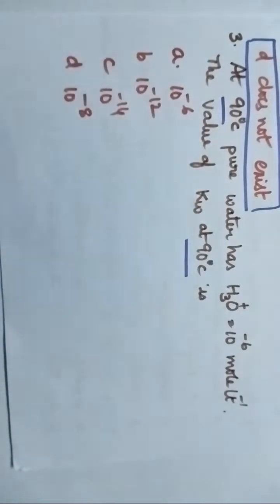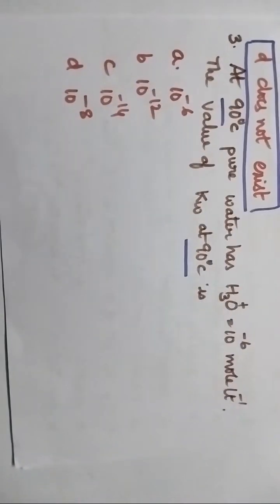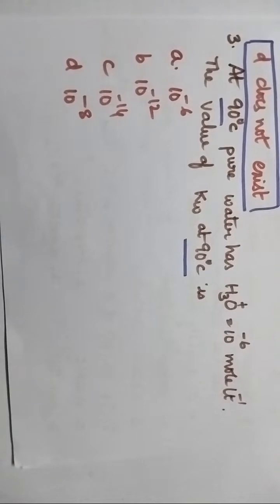So at 90 degrees centigrade, water has 10 power minus 6 mole per liter H3O plus ion concentration, and you are supposed to calculate the Kw at 90 degrees centigrade. You think twice or thrice. There is a simple logic. You have to catch that logic and then answer.